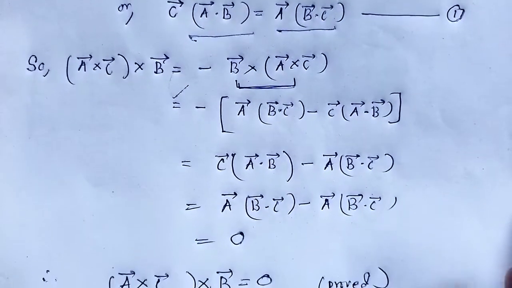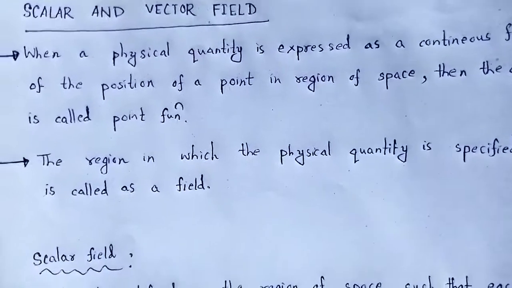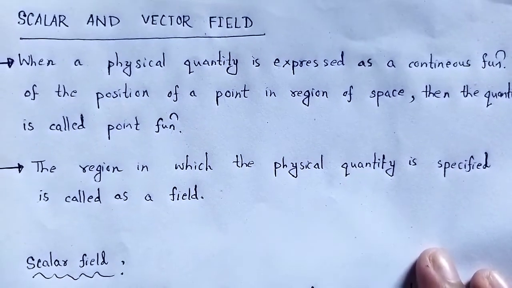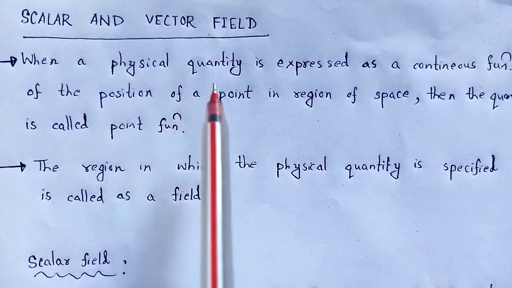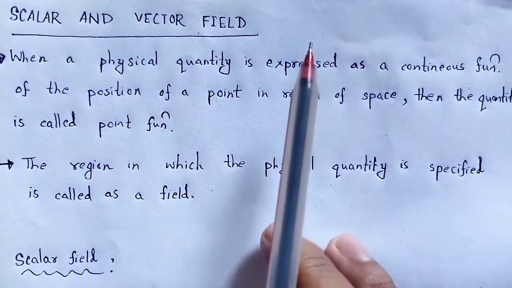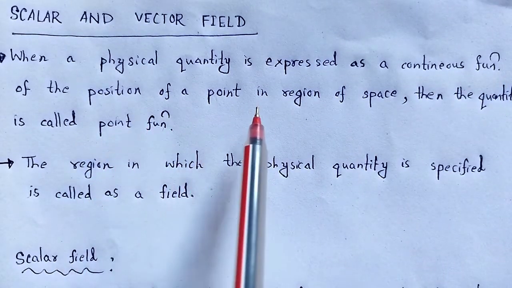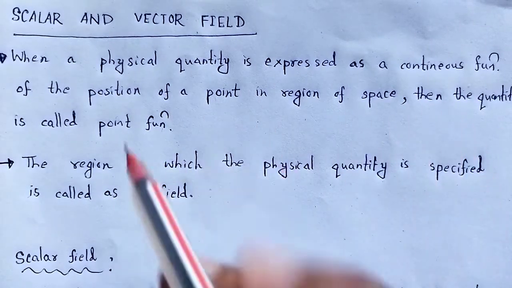Now we have to understand the concept regarding scalar and vector field. How do we understand that concept? When a physical quantity is expressed as a continuous function of the position of a point in a region of space, then the quantity is called a point function.